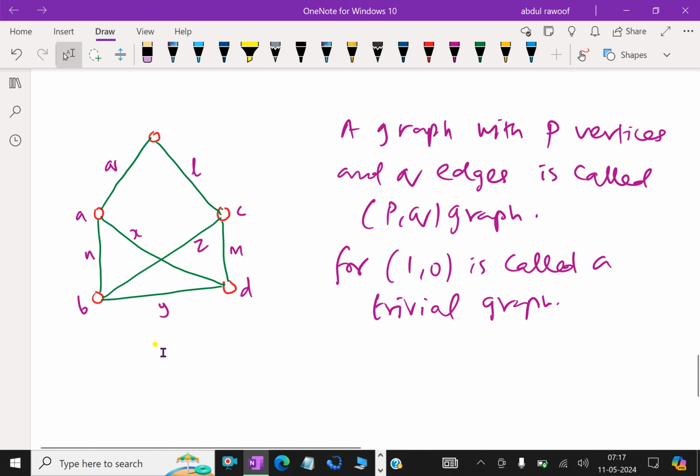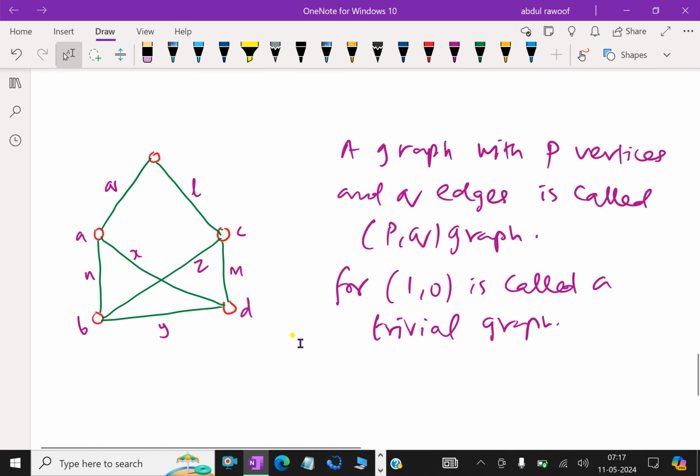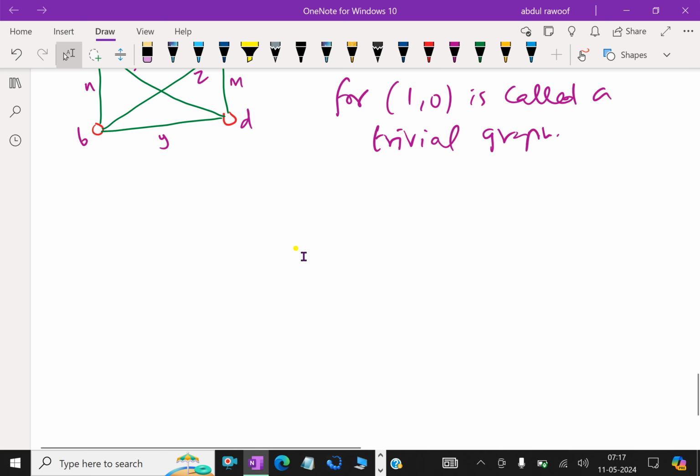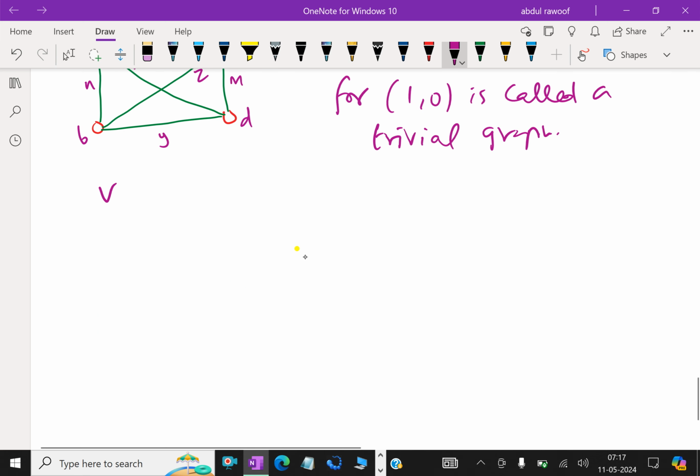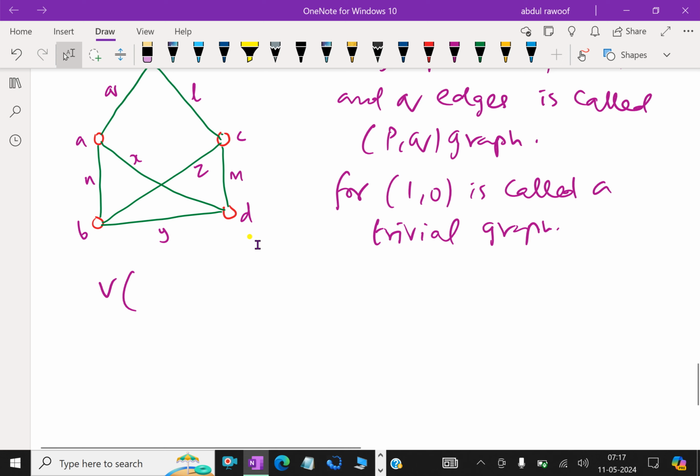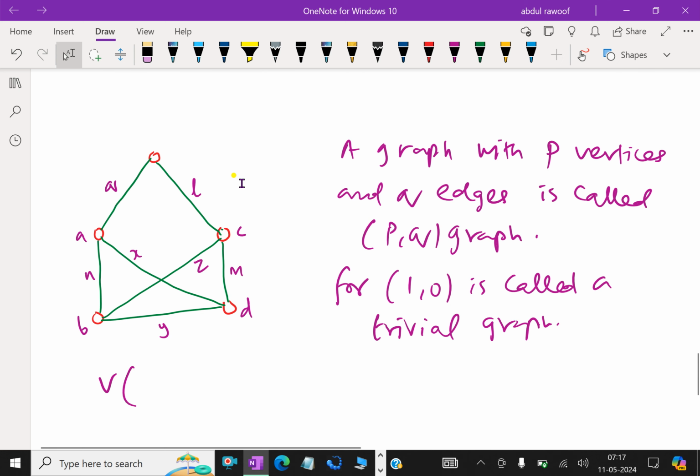Here in this graph, we can see the vertices. The corner points are vertices.